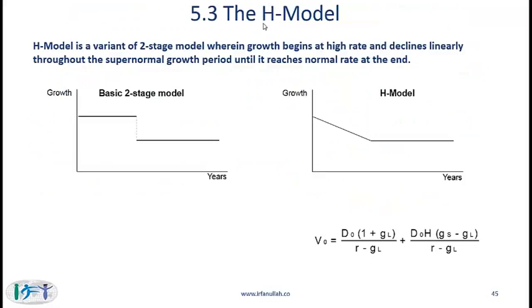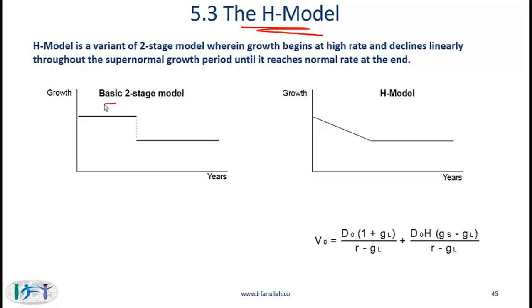All right, something new now. This is sort of new, but conceptually it is similar to what we are talking about, the H model. The H model is a variant of the 2-stage model wherein growth begins at a relatively high rate and declines linearly through the supernormal growth period until it reaches a normal rate at the end.